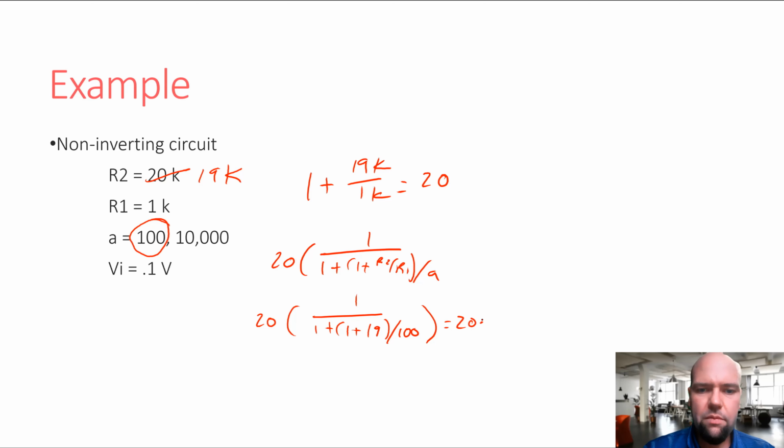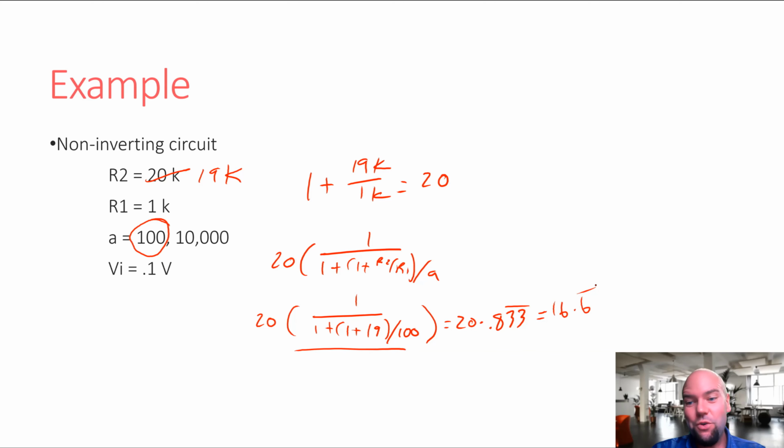So this term here is 0.833. That's what I get. So our gain is 16.6. That's not great.